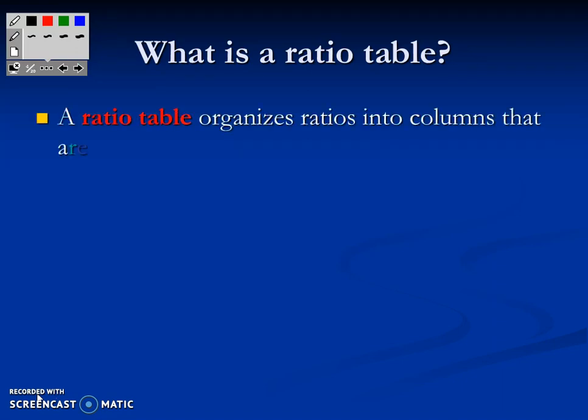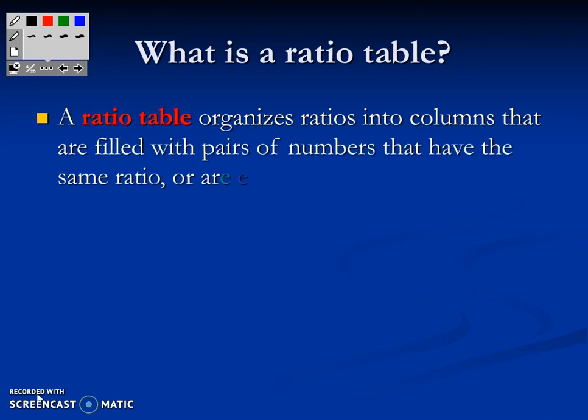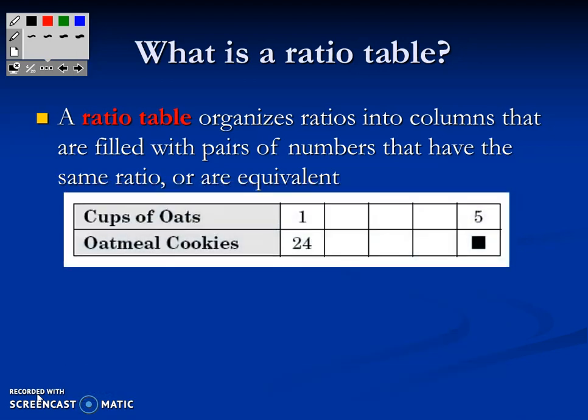So what's a ratio table? A ratio table organizes ratios into columns that are filled with pairs of numbers that have the same ratio or are equivalent. So basically, all this says is that we have equivalent fractions that are wrapped up in boxes. So let's take a look at what a ratio table looks like.